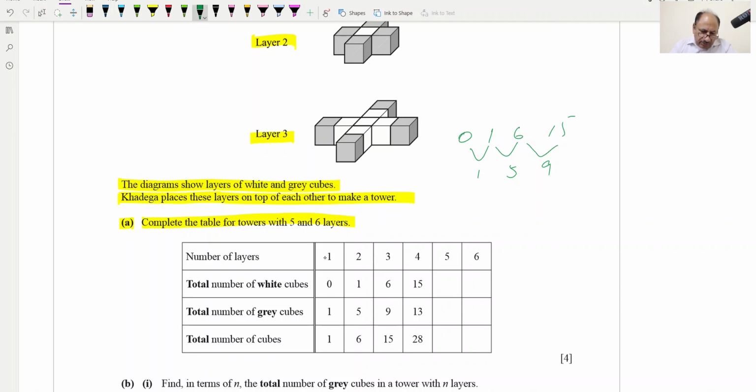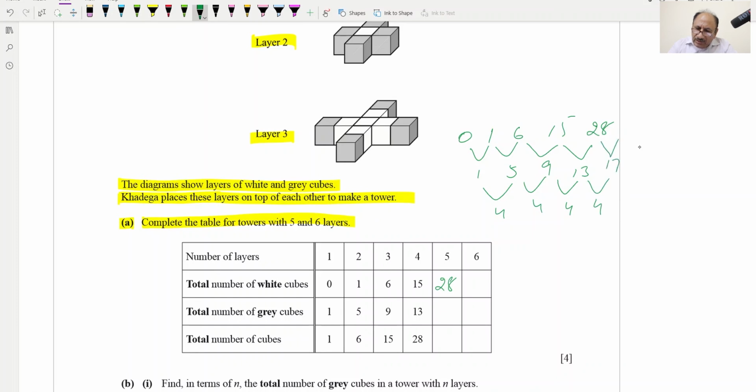The total number of white cubes will be 1, then 6, then 15. So next, adding 13 will result in 28. So we can write here 28, and then after 13, the differences are 4, then 4, then 4. The second order difference is the same. So next, adding 4 gives 17.